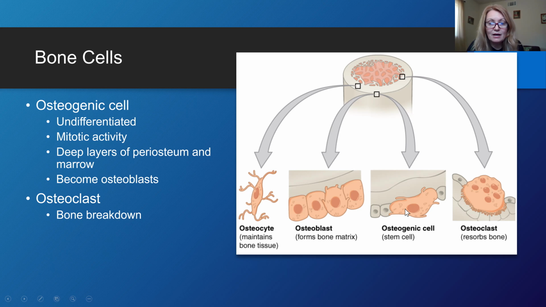And they become osteoblast, and then osteoblast, when it deposits matrix around it, and when it's surrounded by the matrix, it differentiates into osteocyte. So we have osteogenic cells. They divide, differentiate into osteoblast.